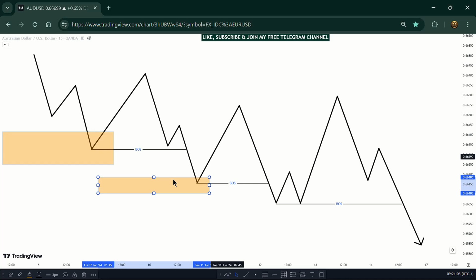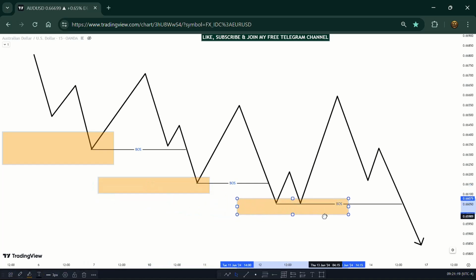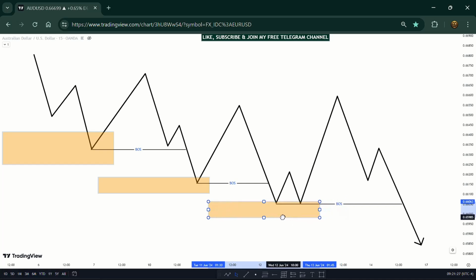They help you figure out where the price is reacting to, where the price is coming from, and where it might go to. Those are some of the things that you need to really consider if you are trying to be profitable in the long run, not in the short run.